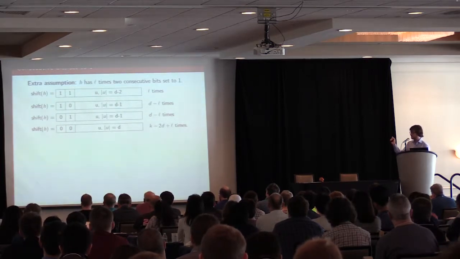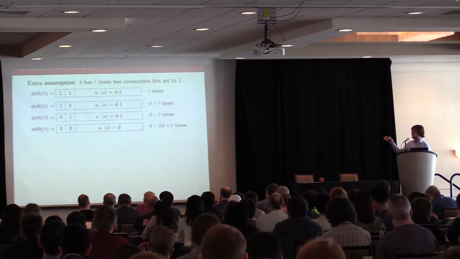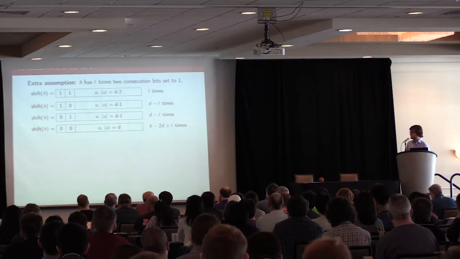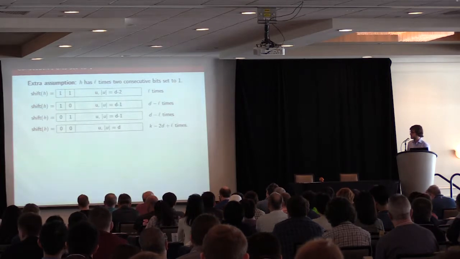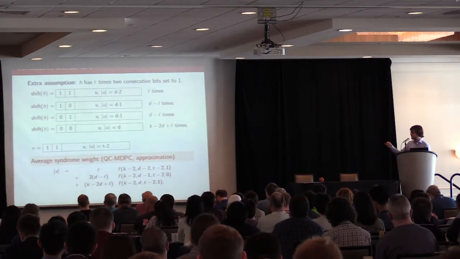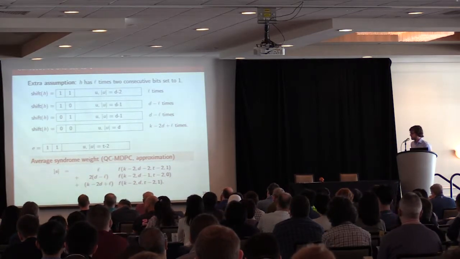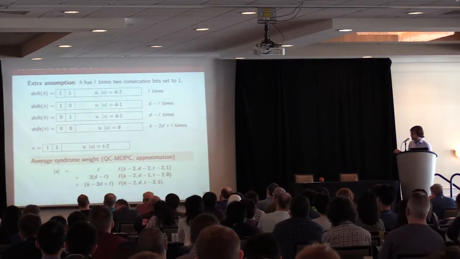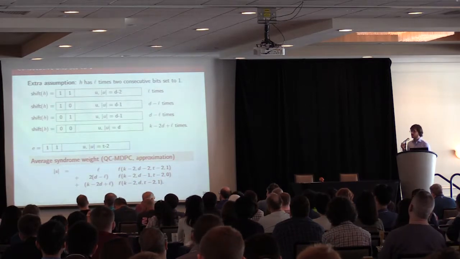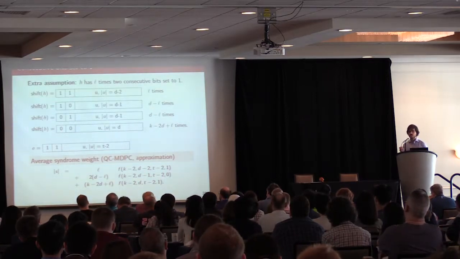Then just before or after that, in the shift, you'll have 1, 0 plus something else, 0, 1 plus something else, and the remaining cases is 0, 0 and something else. So if you know now that your error pattern is 1, 1 and something under something remaining, you can give a more accurate formula for the average syndrome weight.